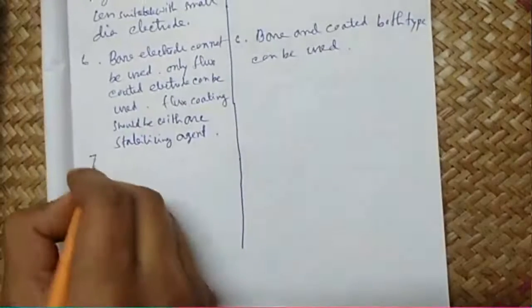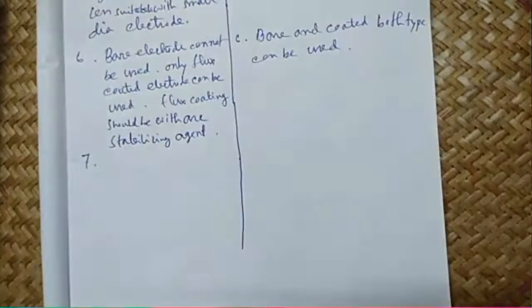Number 7. As because we are using higher current with AC electrodes, that means you cannot use thin sheets. So you have to always, in AC, go for thick sheets.